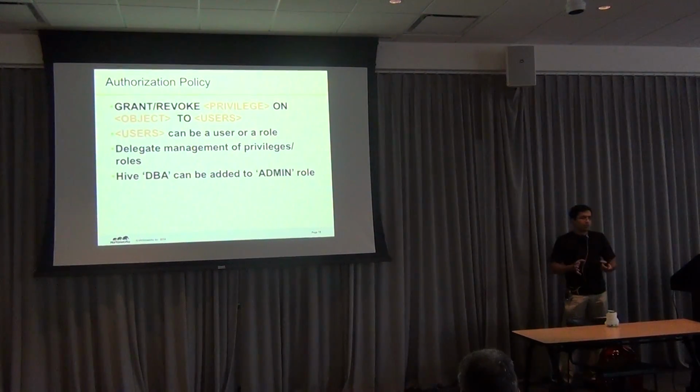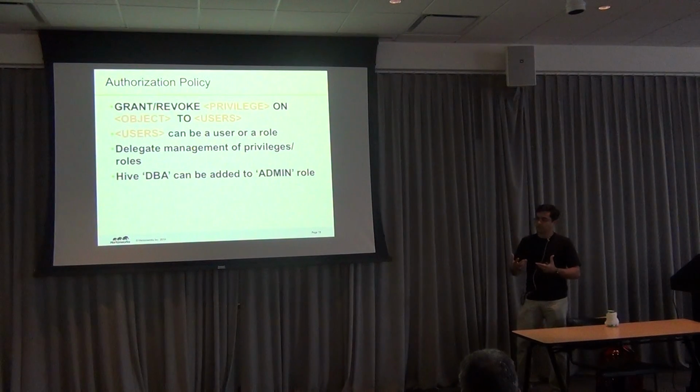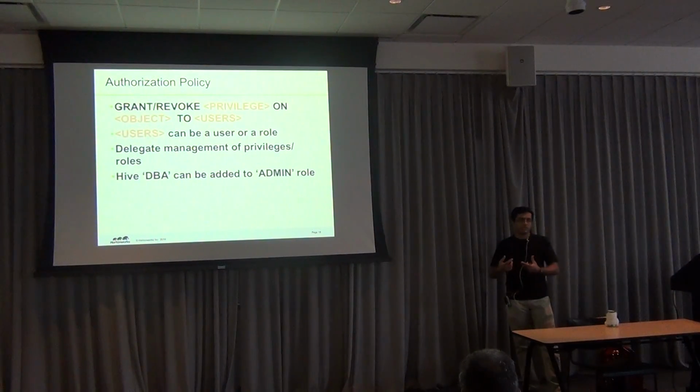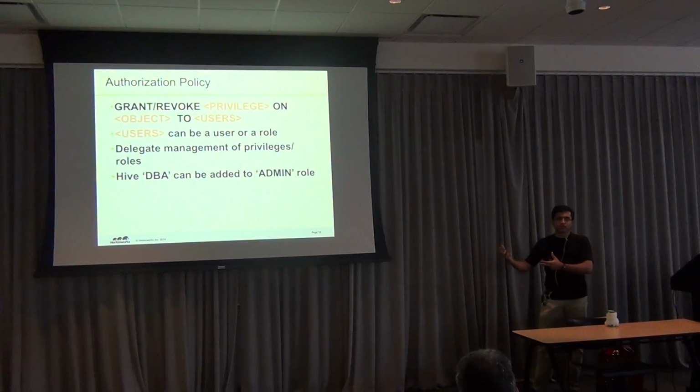So what it comes to, the access control policy basically comes down to managing permissions on objects, privileges on objects for users. And the privileges can be privileges like select, insert, delete, and update. Objects are objects like table or a view or a URI. And the users that you map into can be a single user or a group of users.